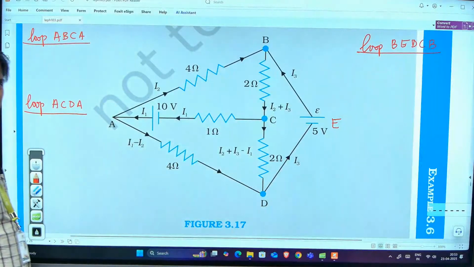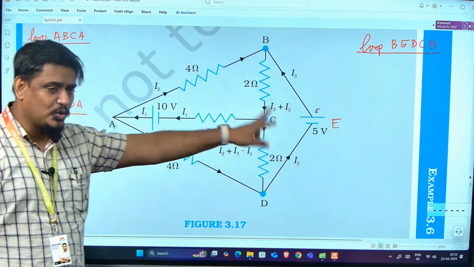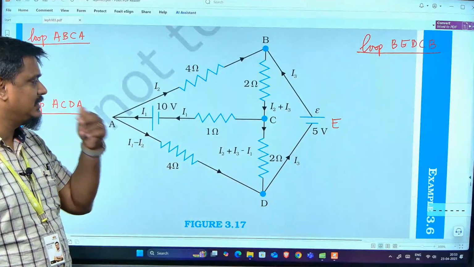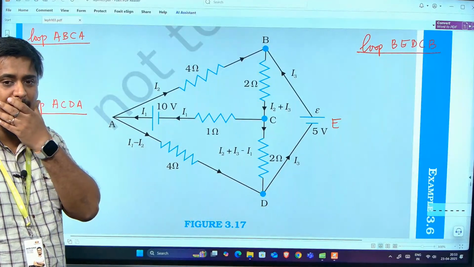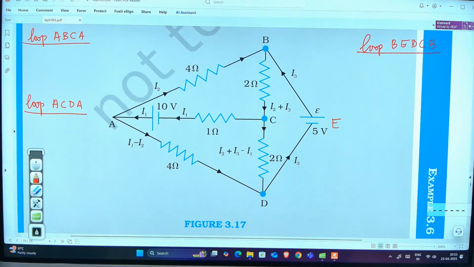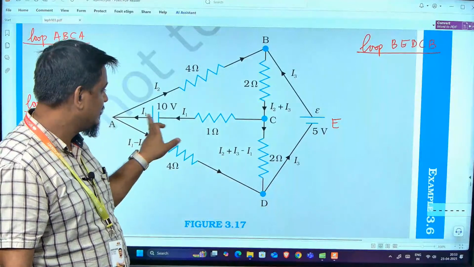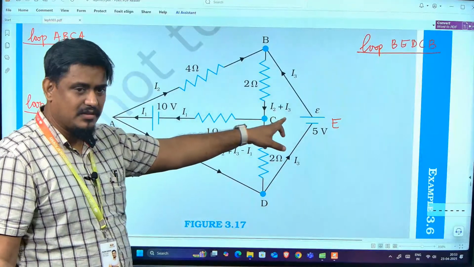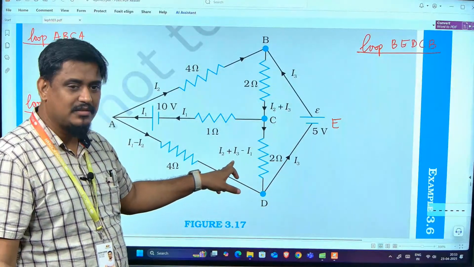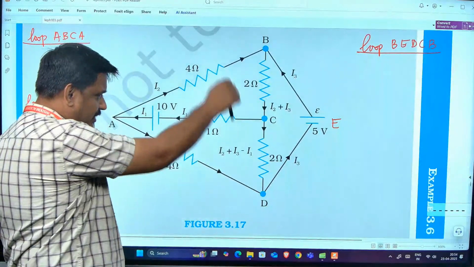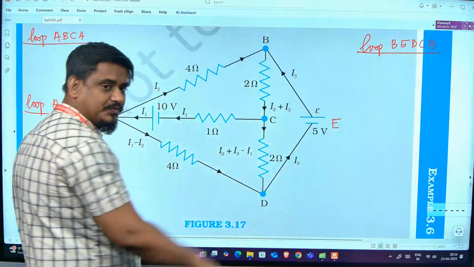Yes, sir, all 3 will come here and 2 are coming here. He is talking about this loop here, B, E, D. Down direction, this one. What is 2 ohm?